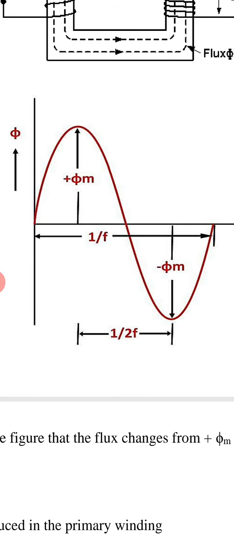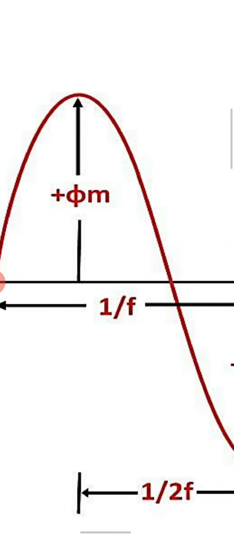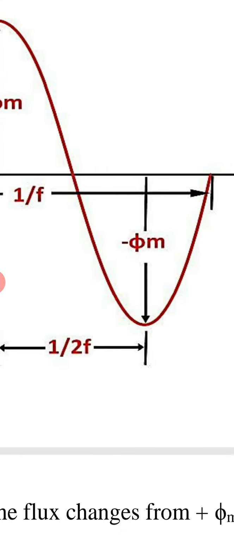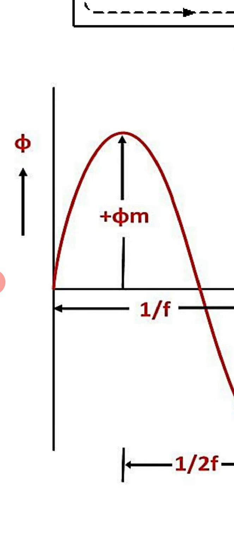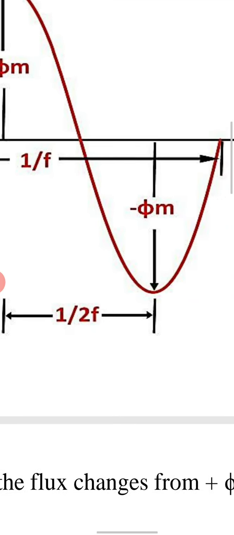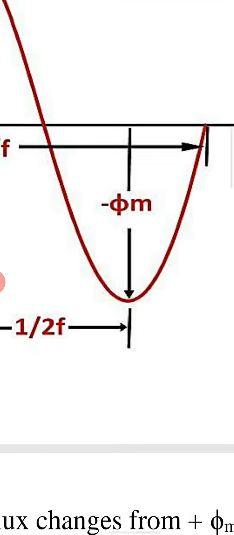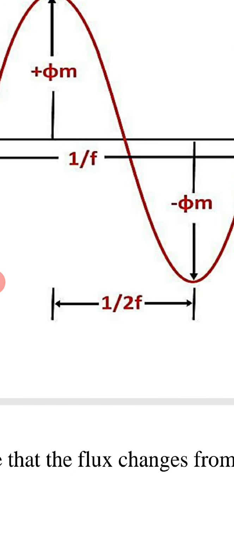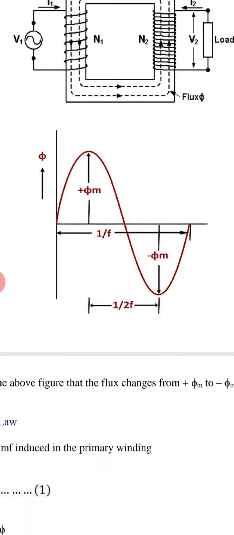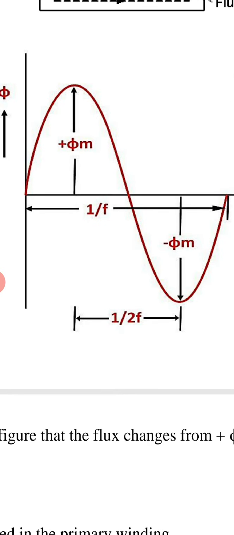It has a positive half and a negative half. The positive peak is plus phi m of the flux in Webers and the negative peak is minus phi m. We have divided it into a half cycle, that is 1 by 2f. 1 by f is the time period of this cycle and 1 by 2f is the half time period.